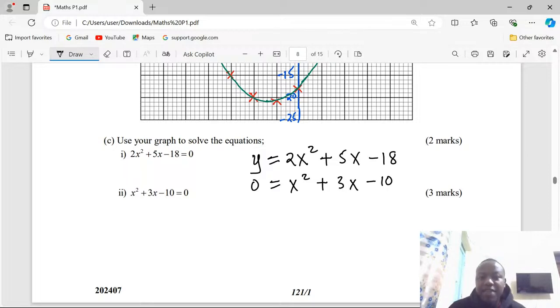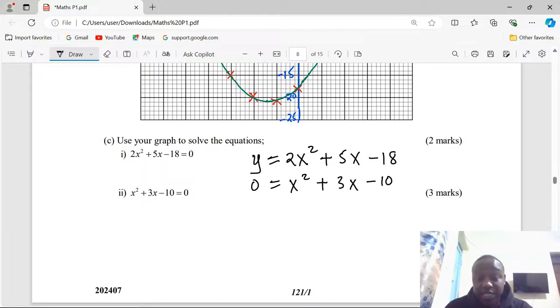Remember, the idea is to eliminate the squared part so that we may come up with a linear equation. When you look at the part with x squared, when we subtract, it shall remain still squared.